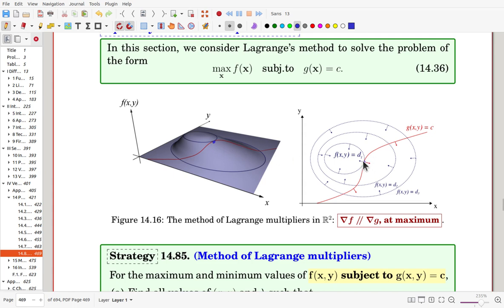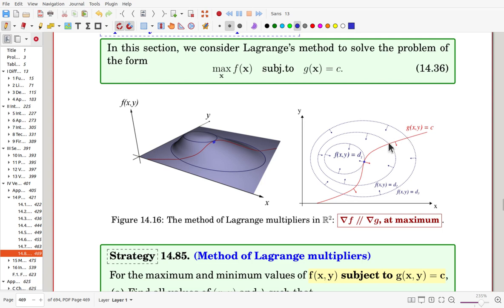Then at this point, the gradient of f and the gradient of g must be parallel. The reason is the gradient is normal to the curves and pointing in the fastest increasing direction. The major thing is the gradient vector is normal to the curve. So from this, the level curve is normal, and that is the increasing direction, so it is given there.